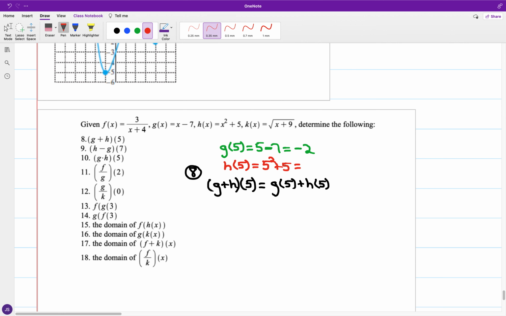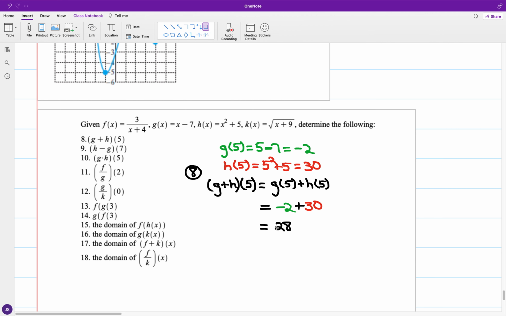Five squared is 25, and 25 plus 5 is equal to 30. So for g plus h of 5, g of 5 is -2, plus h of 5, which is 30. -2 plus 30 comes out to 28, and that'll be the answer to number 8.